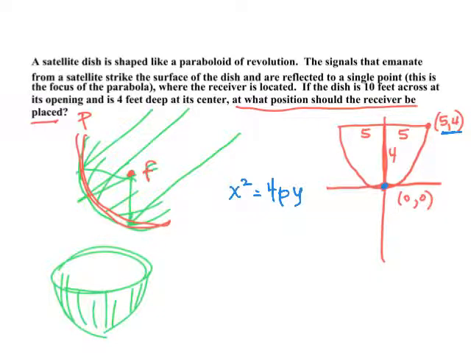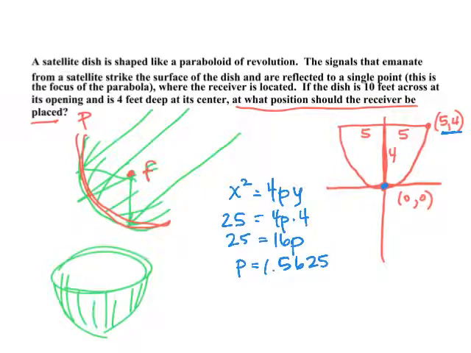So x is 5, that's 25, x squared, and y is 4. So we have 25 equals 16p, and I divide both sides by 16. So I end up with p equals 1.5625. Yes, we can round it. Is my value of p.